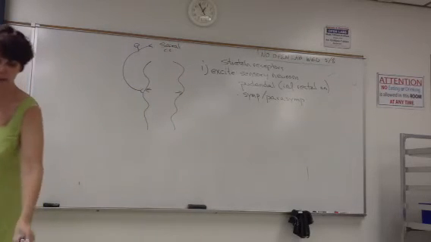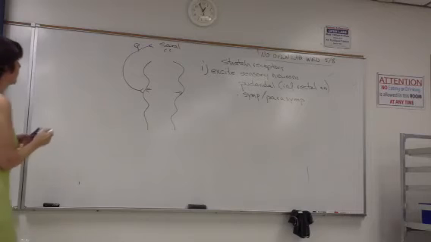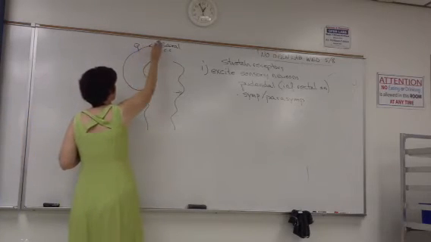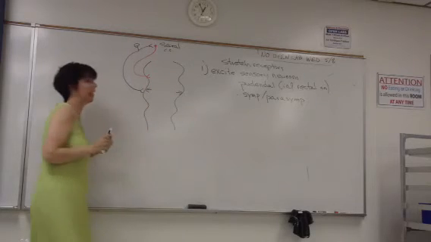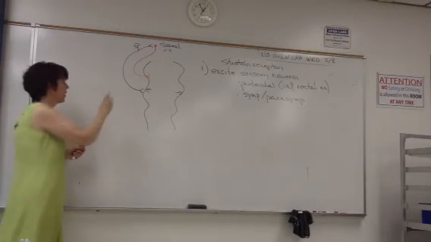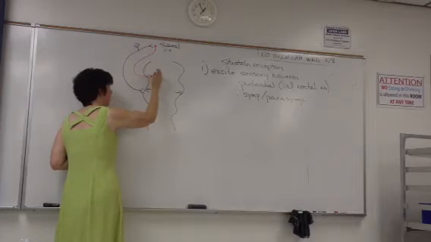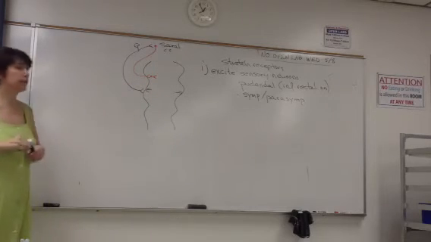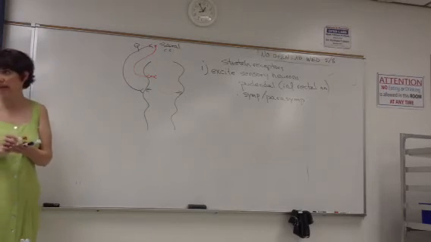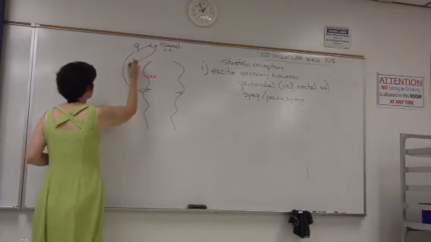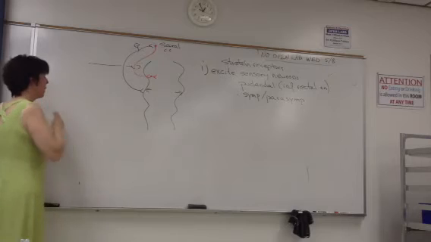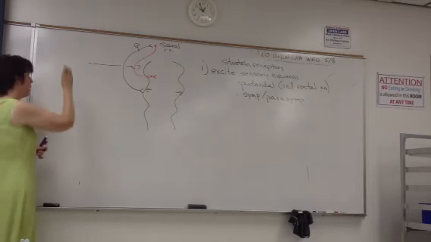Where they synapse with, and it should be a 2-neuron system, so there would be another neuron in the wall. And these would be parasympathetic fibers. So parasympathetic fibers are the pelvic splanchnic.